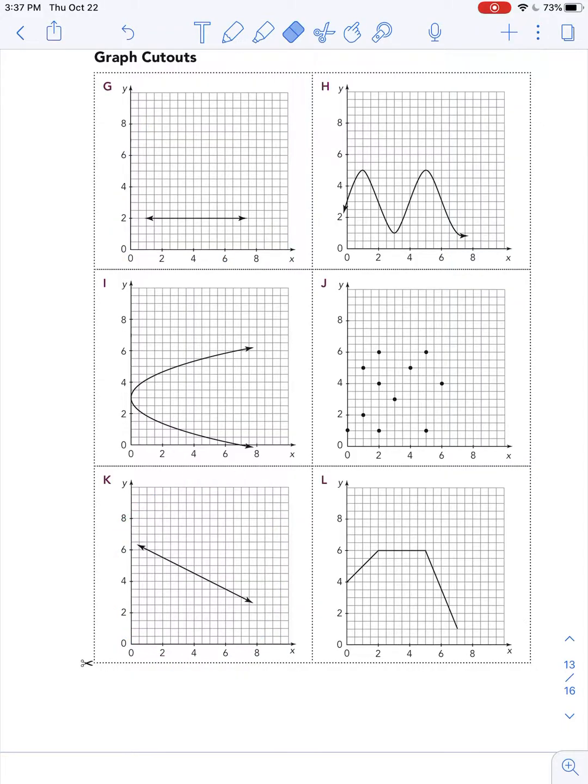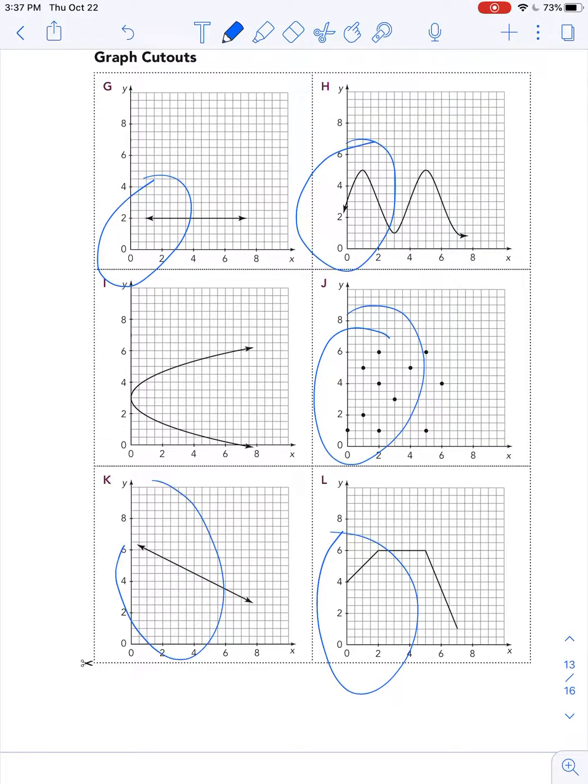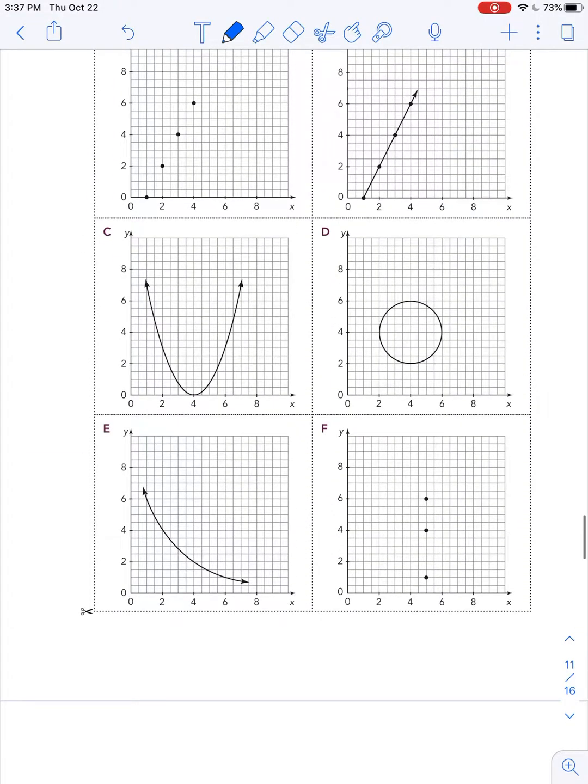We could also do, let's see. This one will touch the y-axis. This one will. This one, this one, this one, this one. Oh, all of those do. That one will not touch the y-axis.